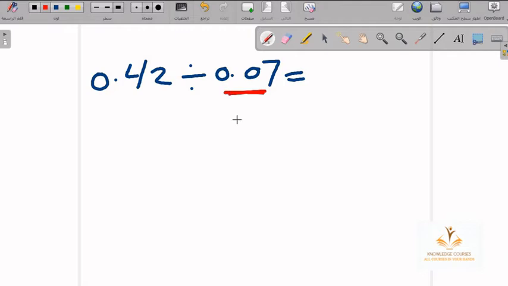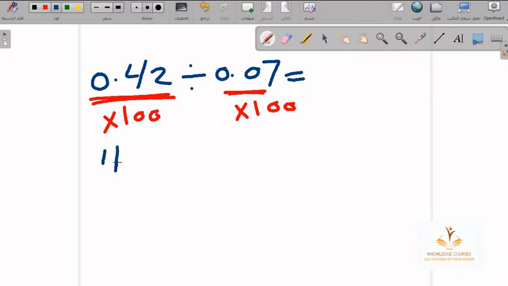So we will multiply it by 100. And we must multiply the dividend by 100. This is equal to 42 divide 7 equals 6, sorry, equals 6.